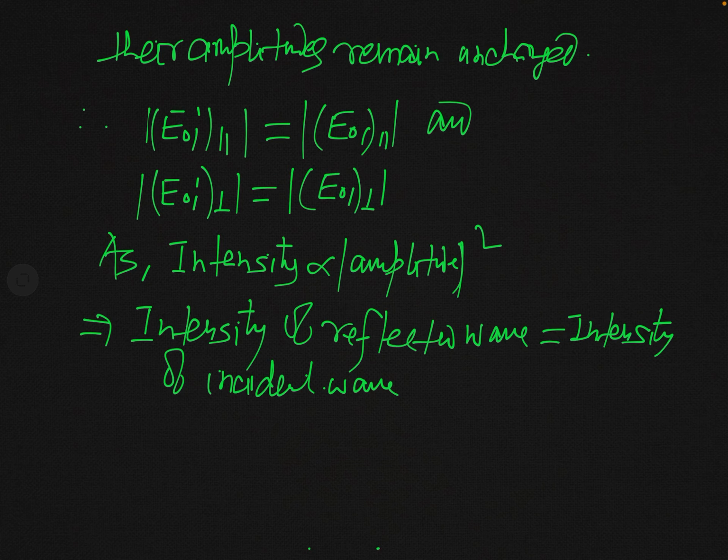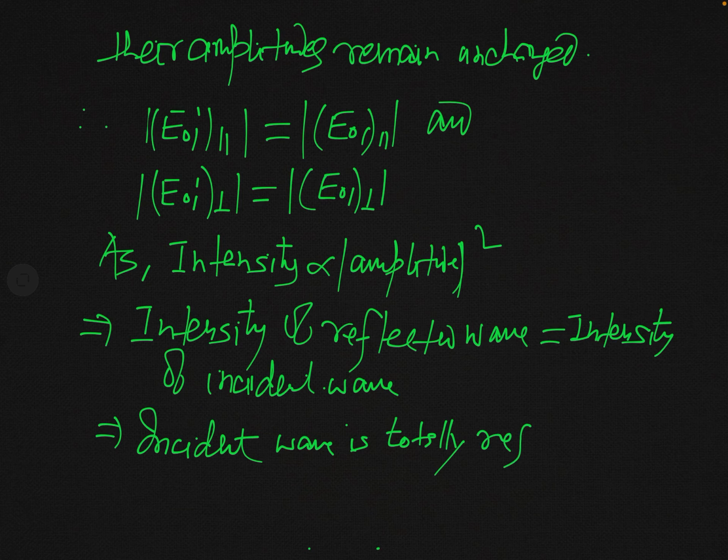So if the intensity of the reflected wave is equal to the intensity of the incident wave, what does it mean? It means the total energy is reflected back, and this is the reason we call it total internal reflection. So this implies that the incident wave is totally reflected.